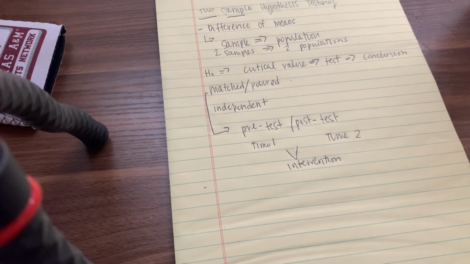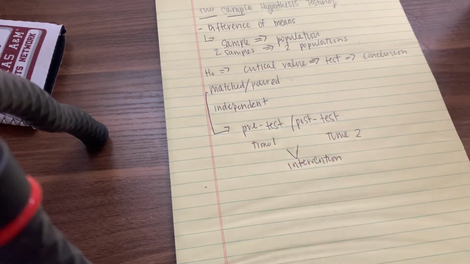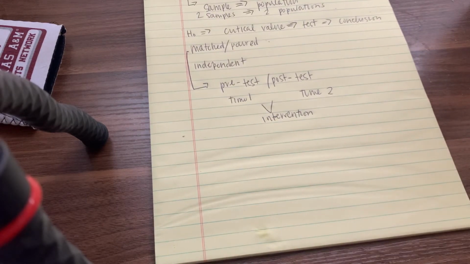So let's say that we had, this is kind of a stupid example, but it's good because it really demonstrates exactly the logic of a matched sample or a paired sample t-test.